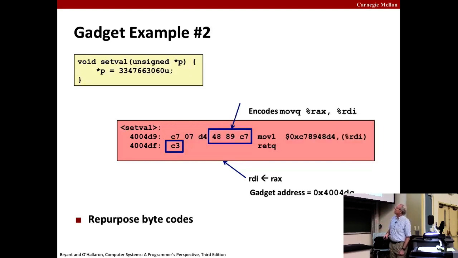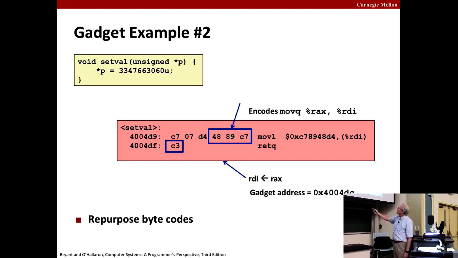But here's an example of a gadget that has nothing to do with the original C code. It just happens to match the byte pattern of some existing code. So this function seems to not do anything too terribly useful from a hacker's point of view. But if you look at this particular byte sequence, that happens to encode the instruction movq %rax, %rdi. And C3 encodes ret.